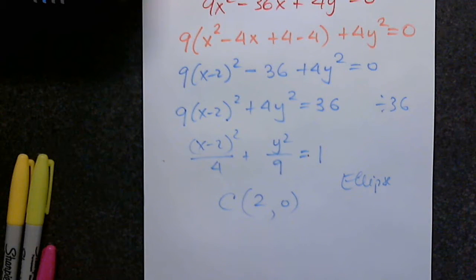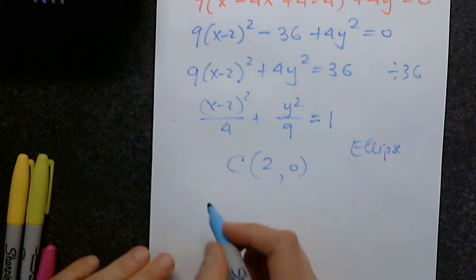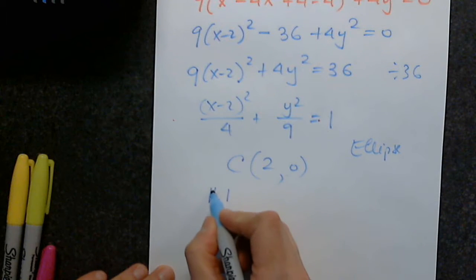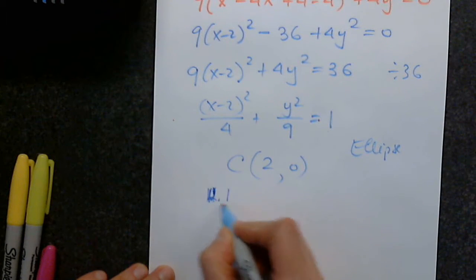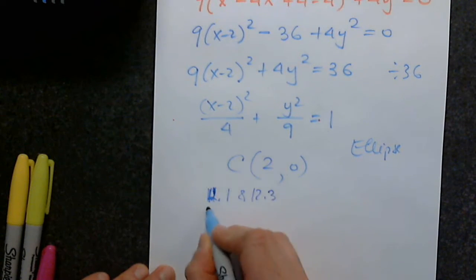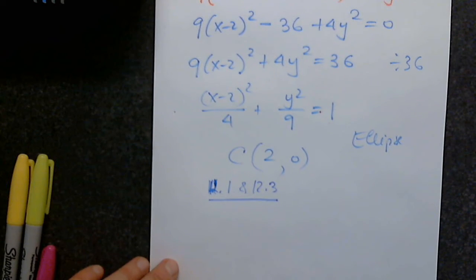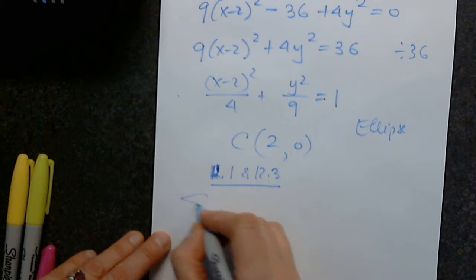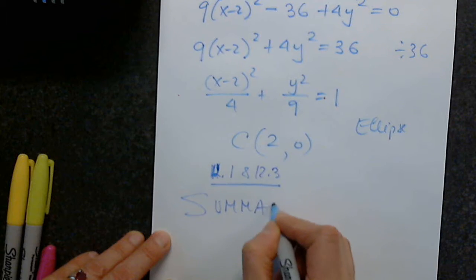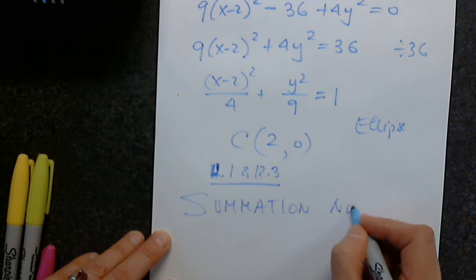I know we only have a few more minutes. We only have two more sections left, 12.1 and 12.3. I'm not going to get into details right now about the sequences and the series and everything. I just want to talk about the summation. This is the preparation: summation notation.